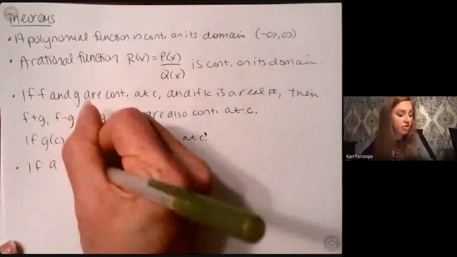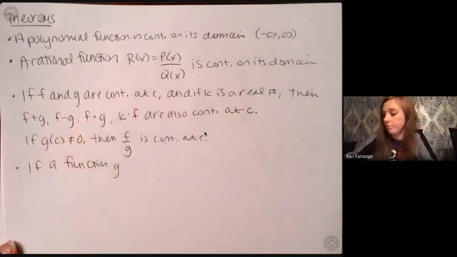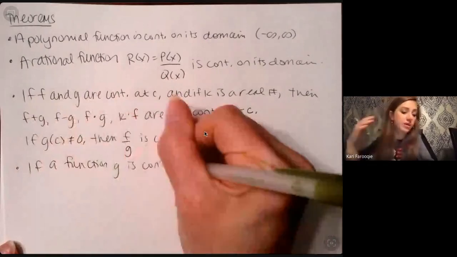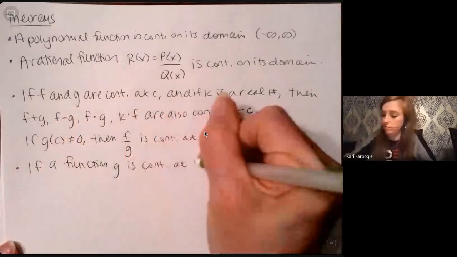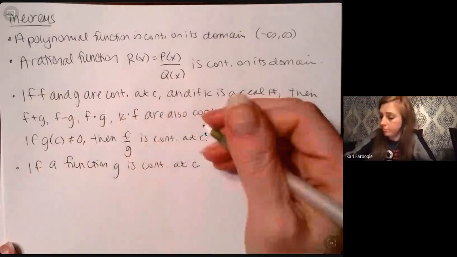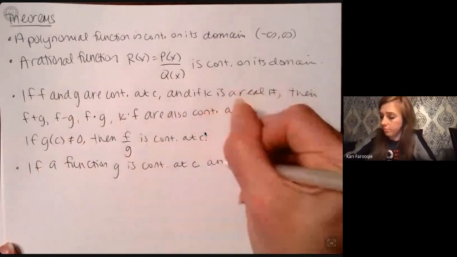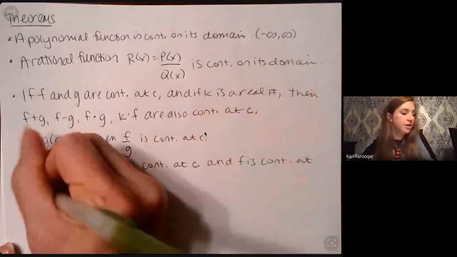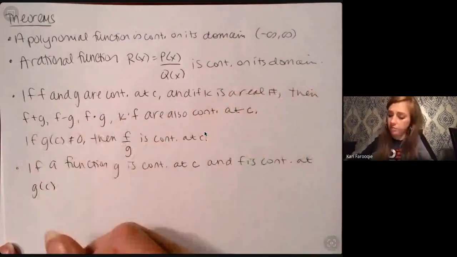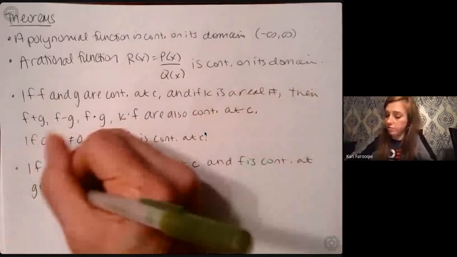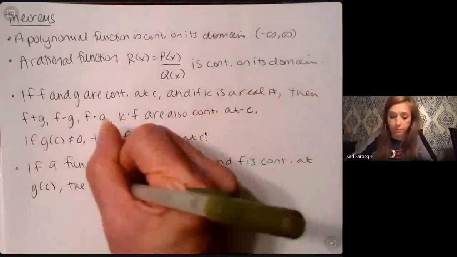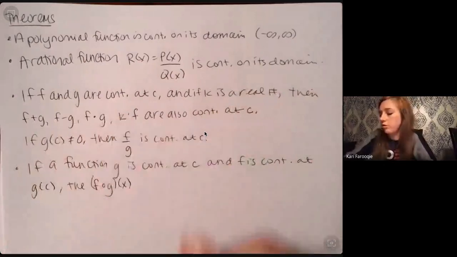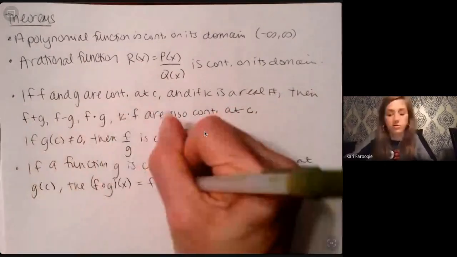If a function g is continuous at c, and f is continuous at g of c, then f of g of x, the composite function, is continuous at c.